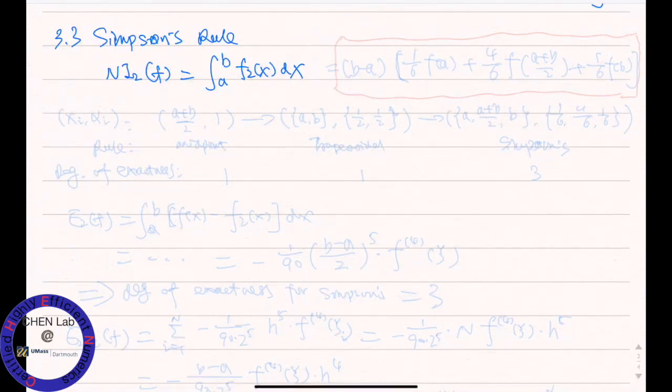The natural 3 points are, if you put 3 points on the interval [a, b], the 2 endpoints plus the midpoint. It will be the natural first choice. Those 3 points: a, b, and (a plus b) over 2.